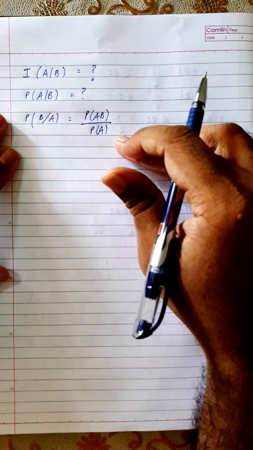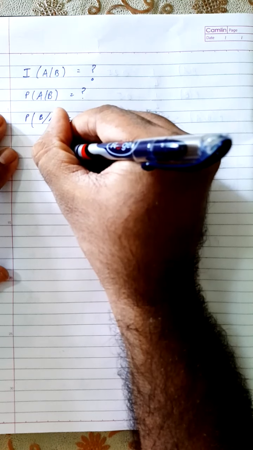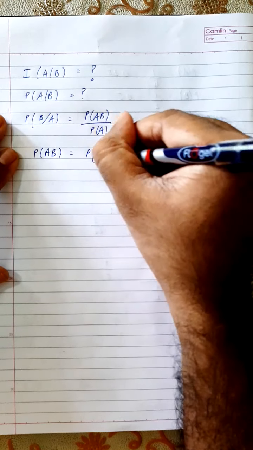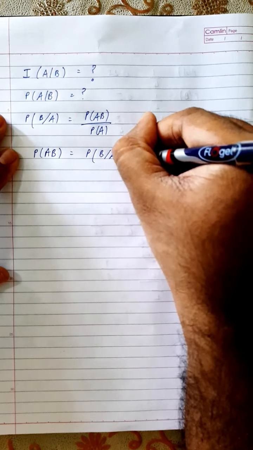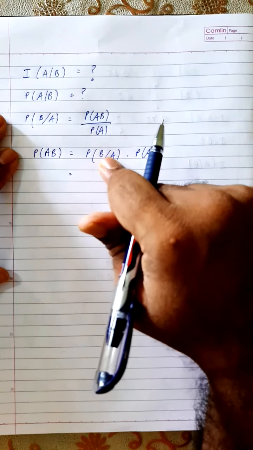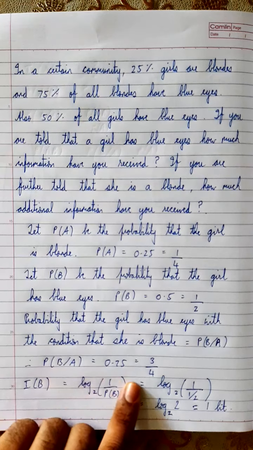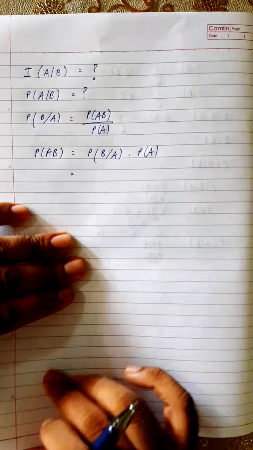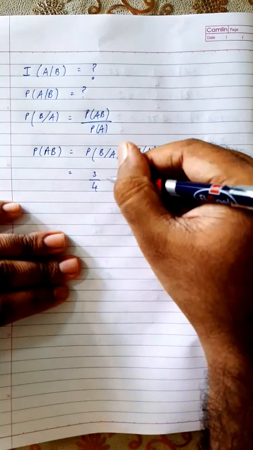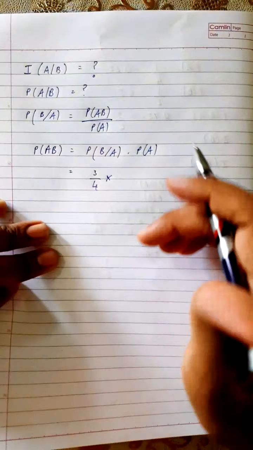Therefore, P of AB is equal to P of B by A into P of A. P of B by A is already given, that is 3 by 4, into P of A, which is 1 by 4.